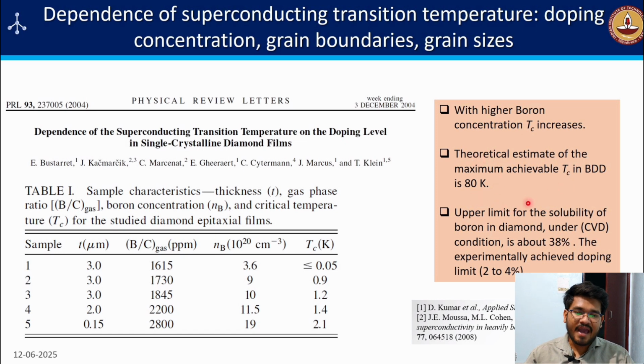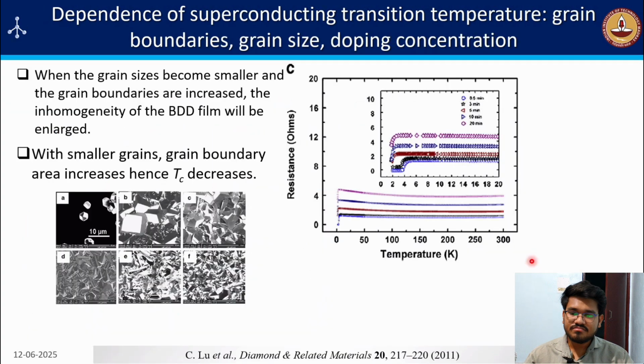But that needs a solubility limit of 38%, which is not practically possible in a real scenario. Experimentally, what we can achieve is 2 to 4% solubility. So if you just push the boron flow in a large amount, you will not achieve a high critical boron concentration. There are other factors too.